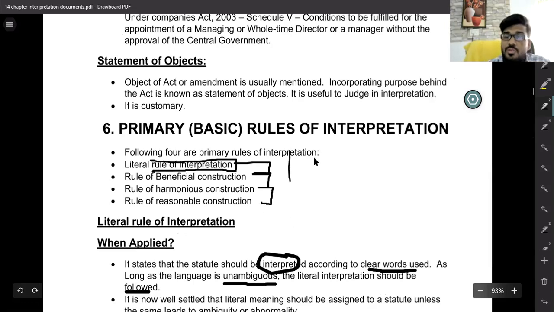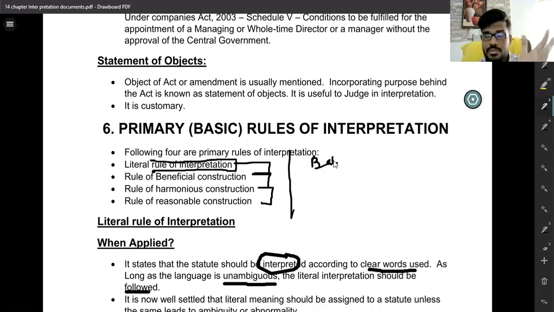These are the four basic primary rules of interpretation. Literal as it is; where injustice is observed, they can go for the golden rule, and for conflict, harmonious; for mischief, loophole, they can go for the mischief rule. It's nothing but reasonable construction. Like that, these are the four basic rules of interpretation.